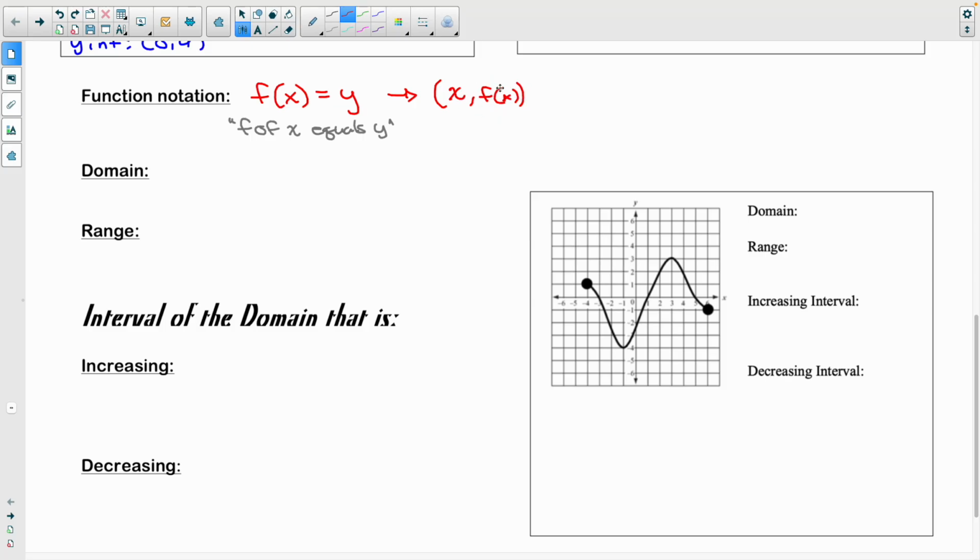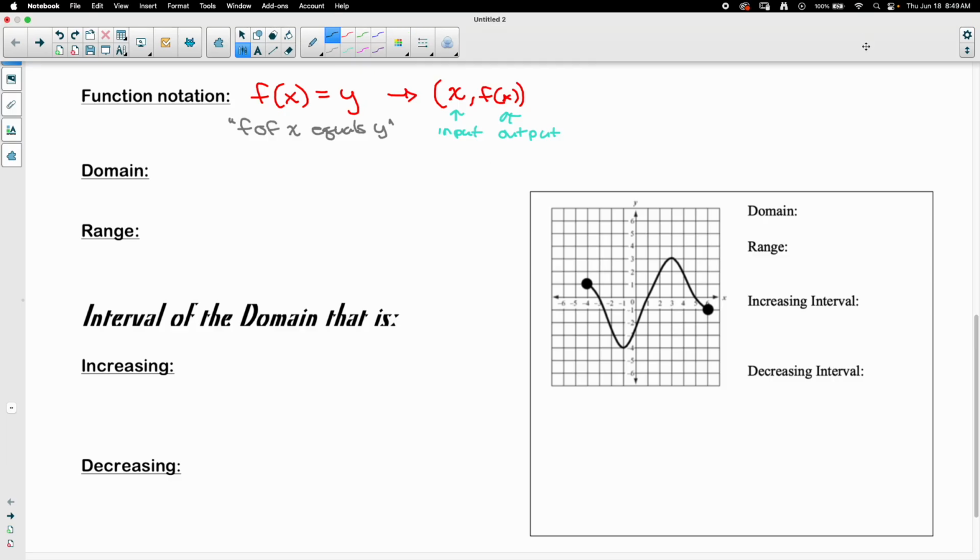Function notation is just so that you can make sure that you have this with regards to the correct function. This x is still our input because it's our independent variable. The f of x is still our output because it is still our dependent variable.